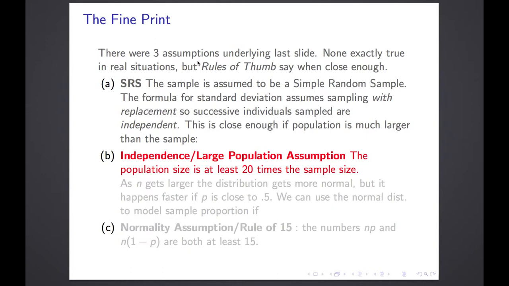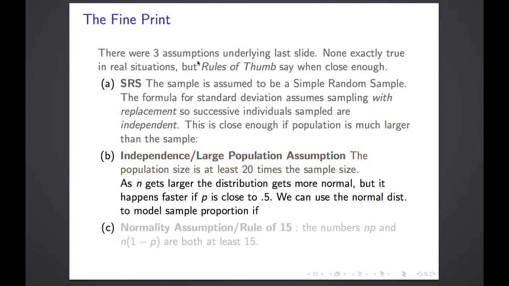Be careful with this one because it runs opposite to your intuition. You would think you'd want the sample to be a large fraction of the population. This assumption says it can't be too big a fraction. So be careful that you don't reverse it when you check it. On the other hand, you don't need to worry about this assumption very much because it's almost always true. When it's not true, there's a fairly easy fix, which we'll talk about at some point.